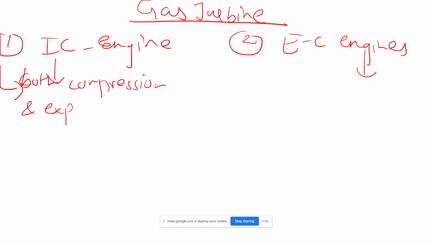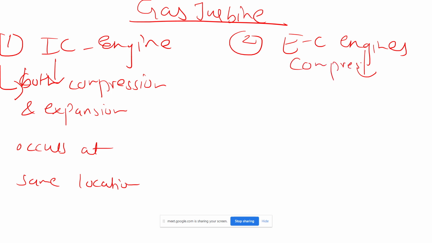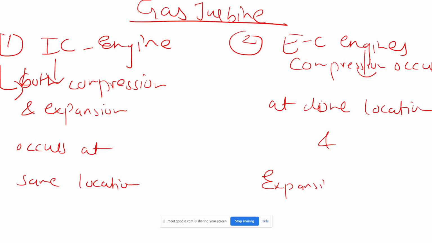In an internal combustion engine, both compression and expansion occur at the same location, whereas in an external combustion engine, compression occurs at one location and expansion occurs at another location.